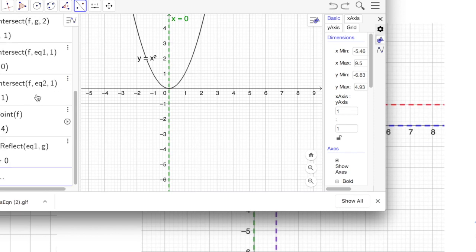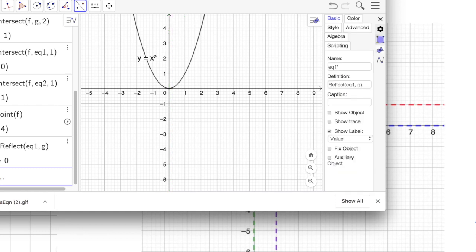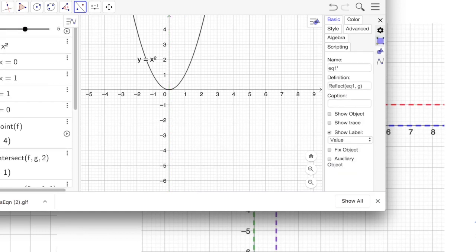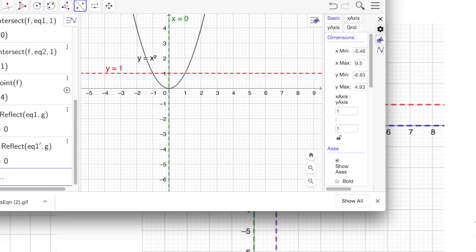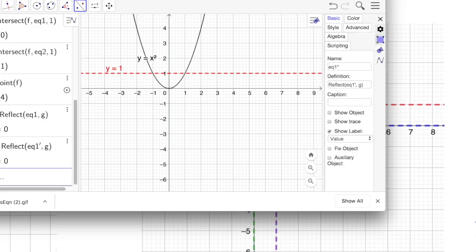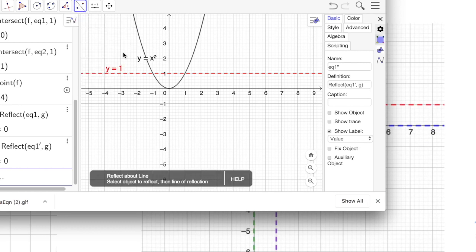Okay, so let's ignore that one for the next example. And so what happens when we reflect a line that goes through the parabola? Exactly the same thing, except part of the parabola will be above the reflection line.